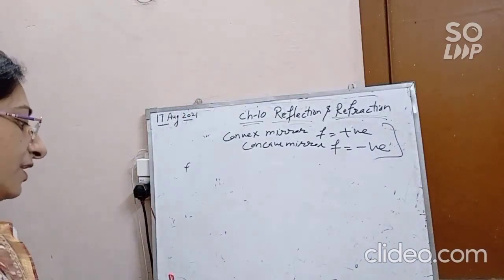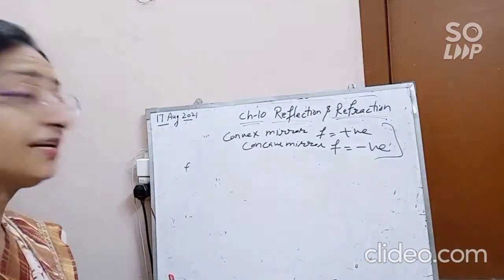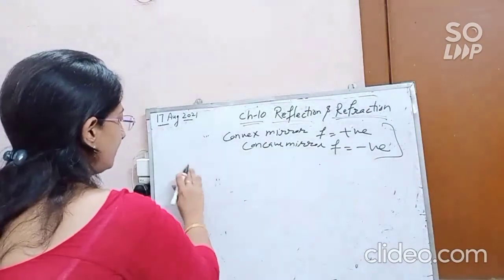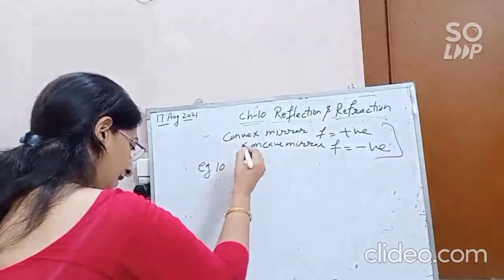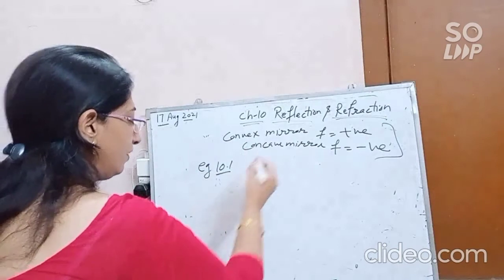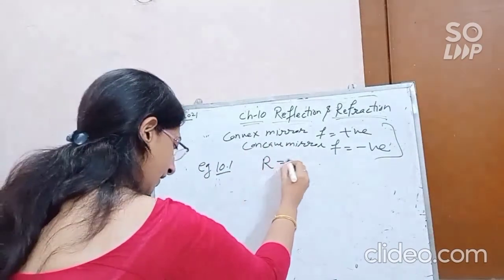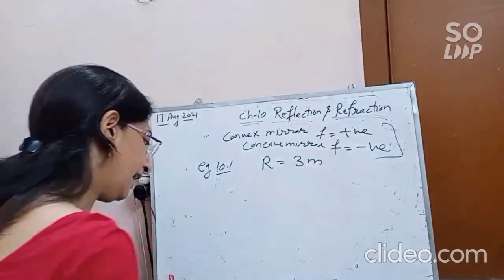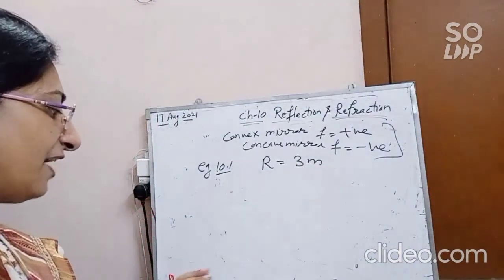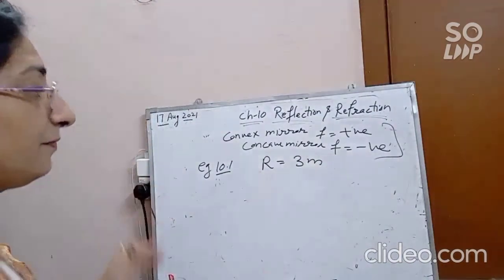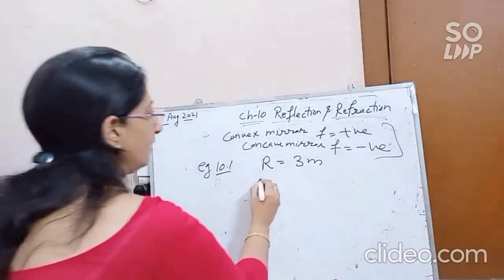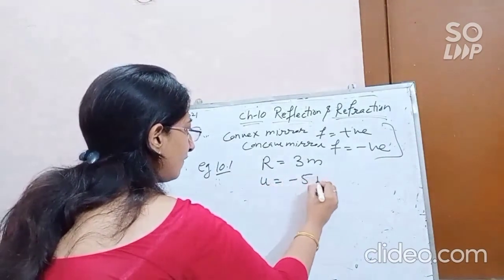Right, so in this question it has a radius of curvature. This is example number 10.1. What is given? Radius of curvature given is 3 meter, and the bus is located at 5 meter from the mirror. From the mirror means object distance is given, u equal to minus 5 meter.